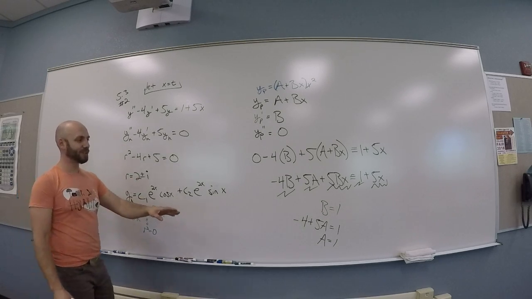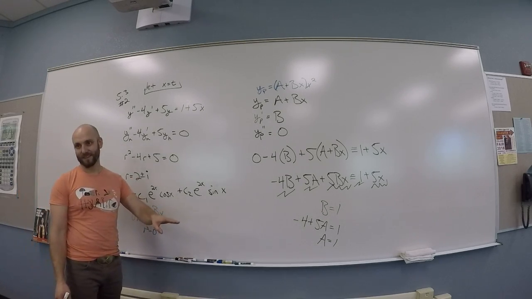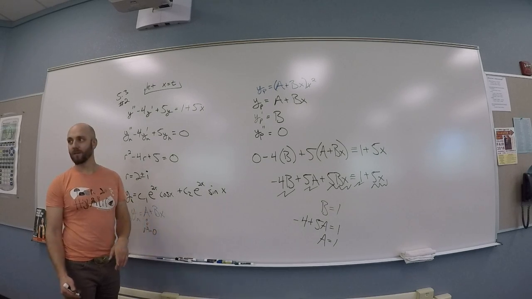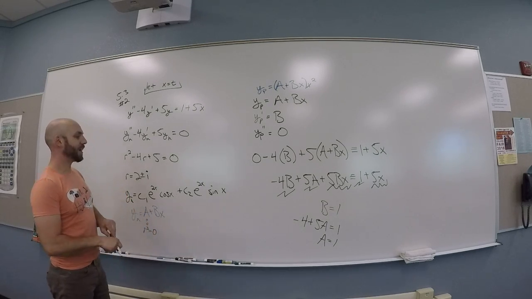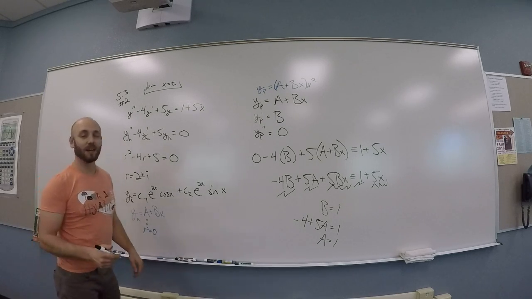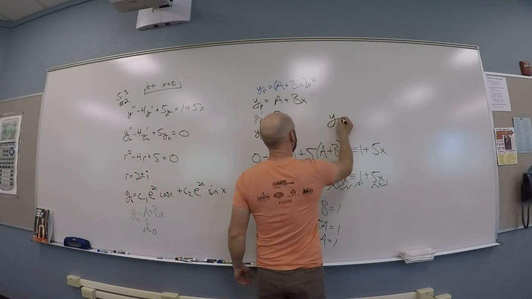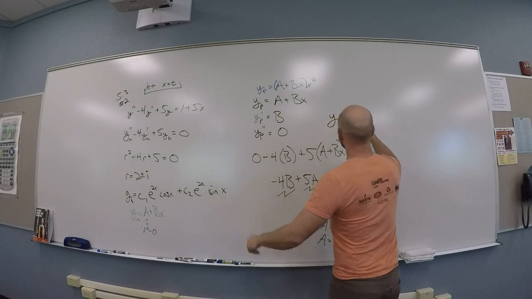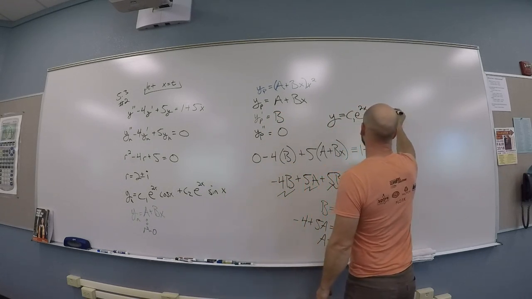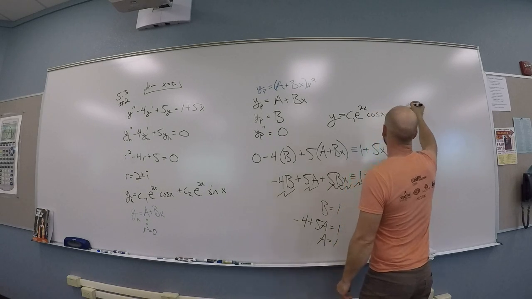Then what do you do to finish the problem off? Plug them back in, where you want them to be, into your particular solution y. Ultimately, the answer is c1 e to the 2x cosine x plus c2 e to the 2x sine x.